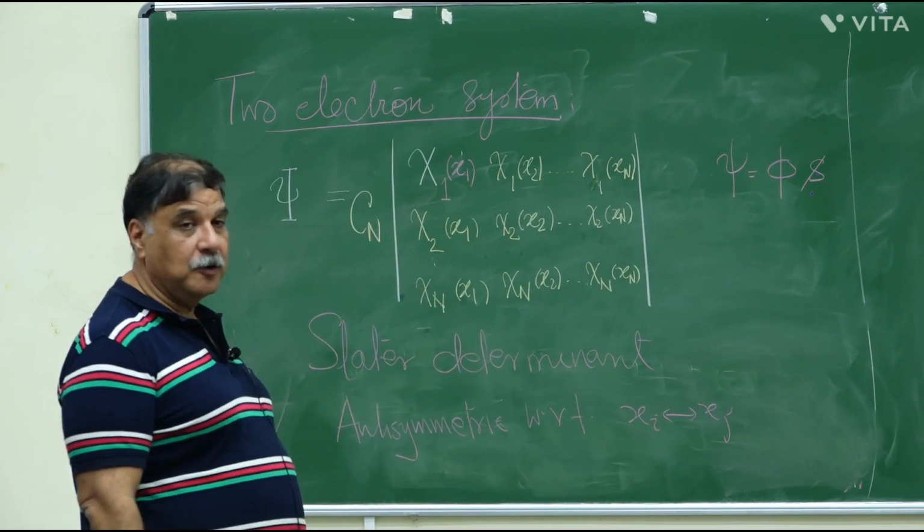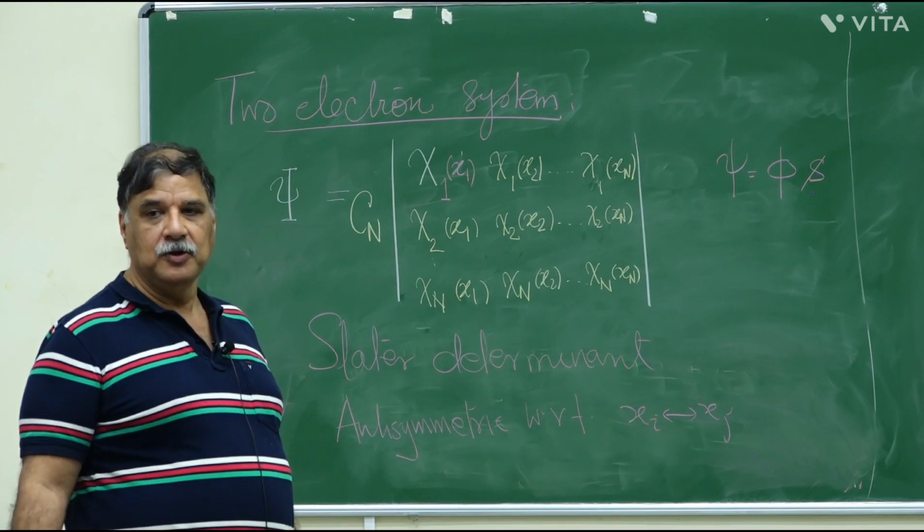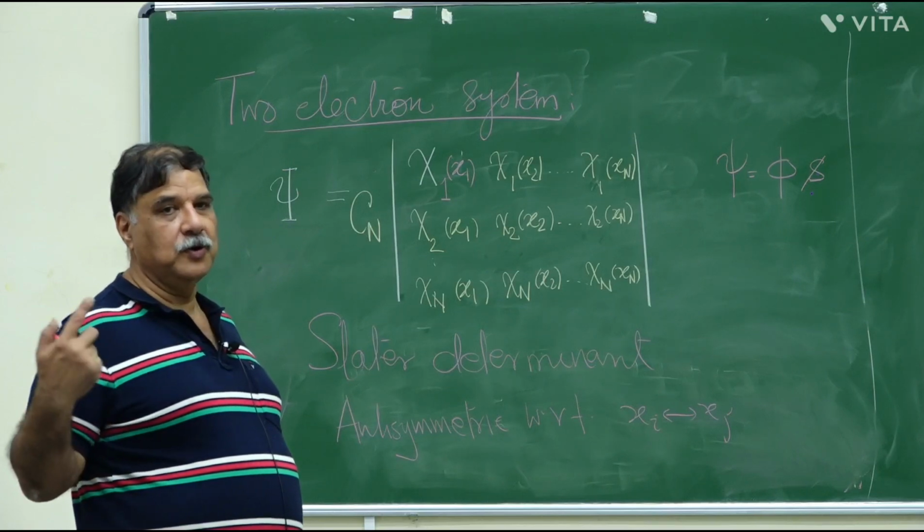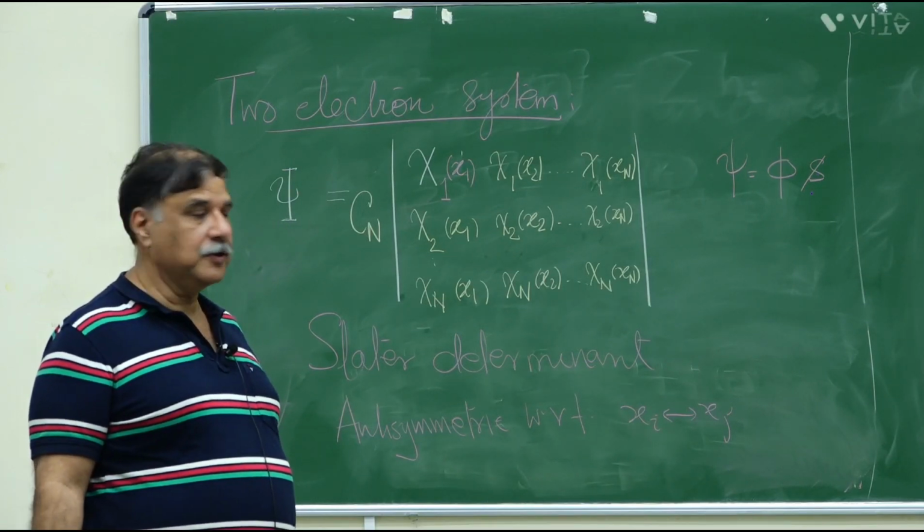If any two spin orbitals are the same, it becomes 0. So no two electrons can have the same spin orbital. Each electron has its own spin orbital. Is that okay?